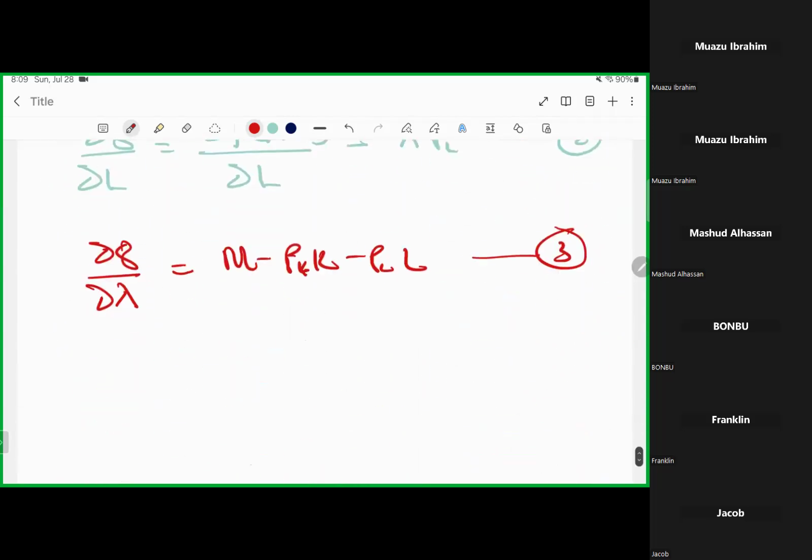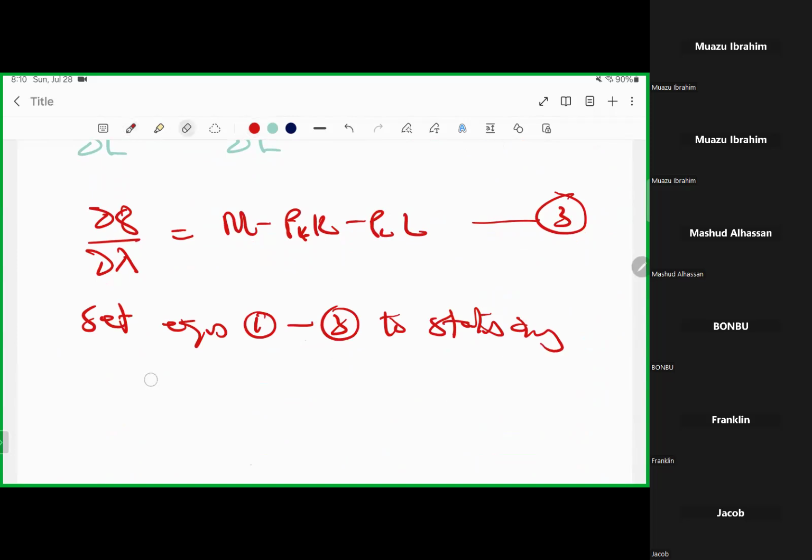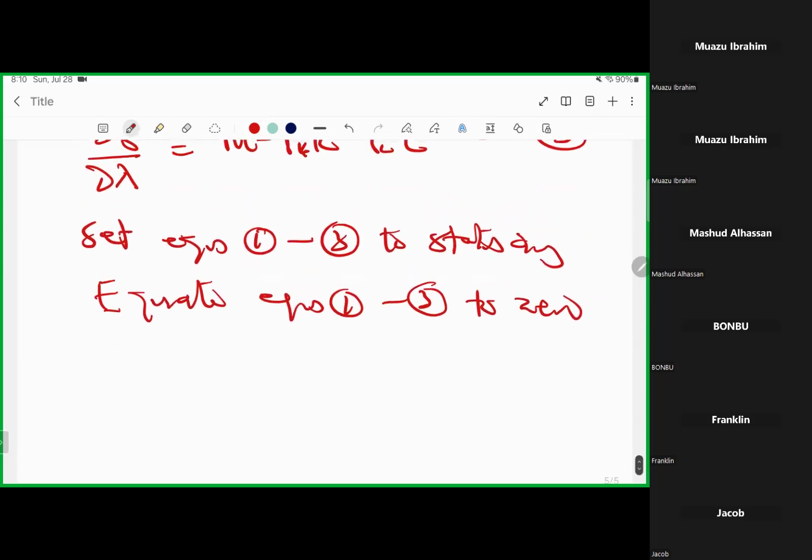So we are going to set the results to stationary, which means that we are going to equate equation 1 to equation 3 to 0. Are we together?